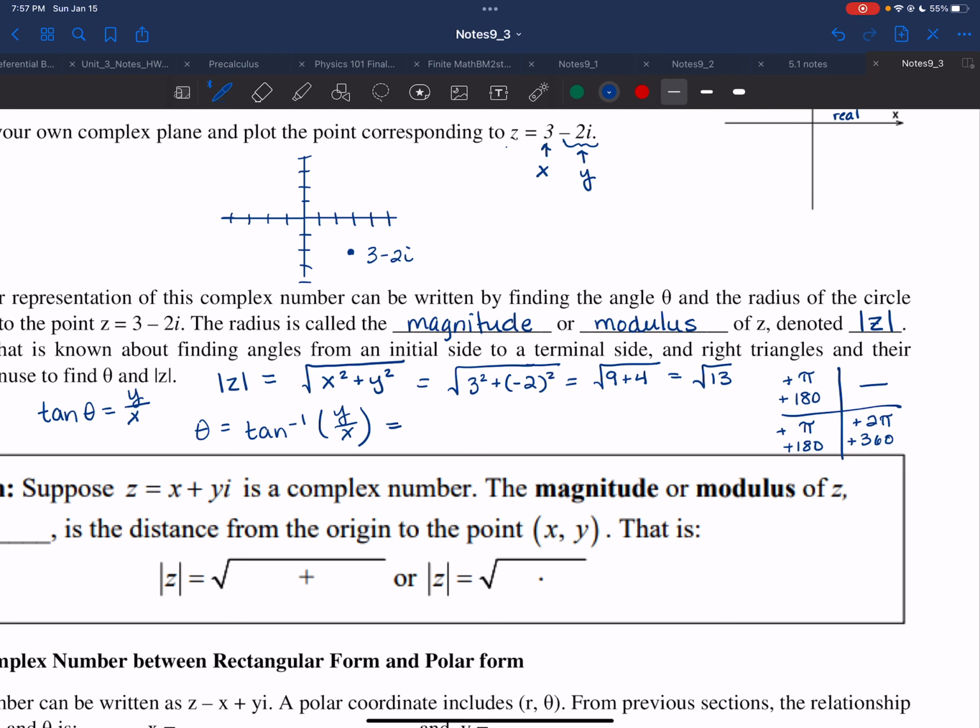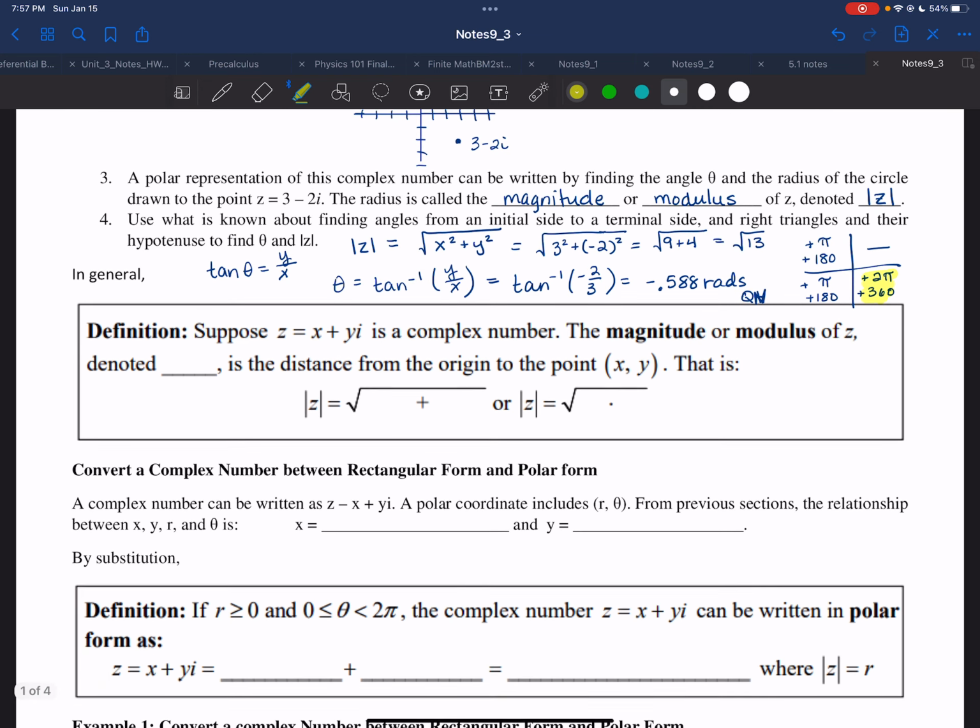When I go ahead and look at the inverse tangent of negative 2 over 3, I get a value of negative 0.588 rads. Okay, so that's my radians. And it is in quadrant 4. So this guy right here, I would normally add 2 pi rads to this to get a number between 0 and 2 pi.